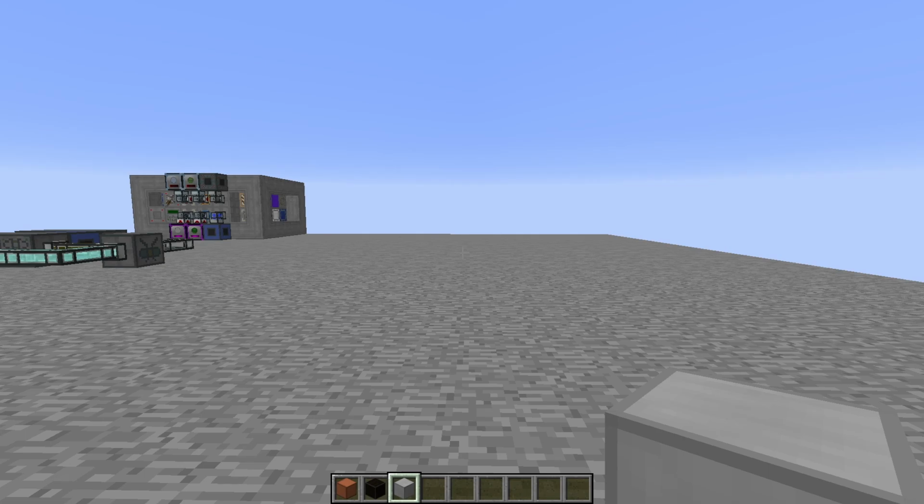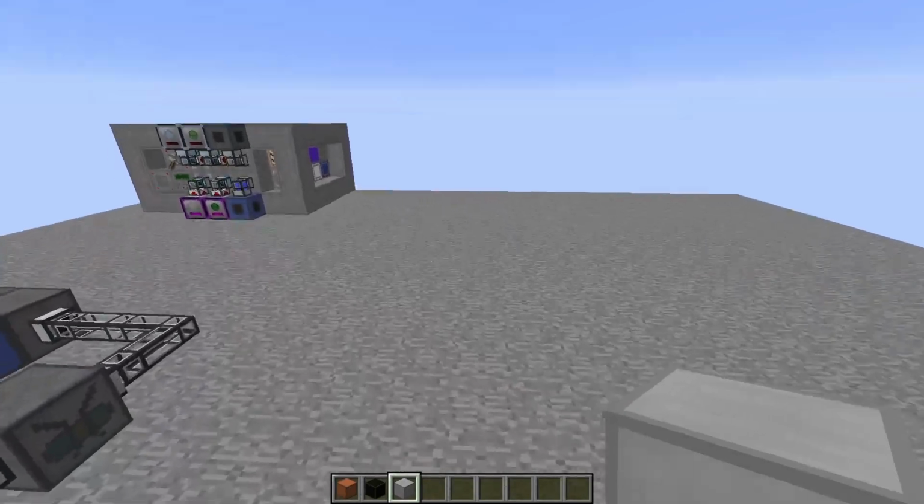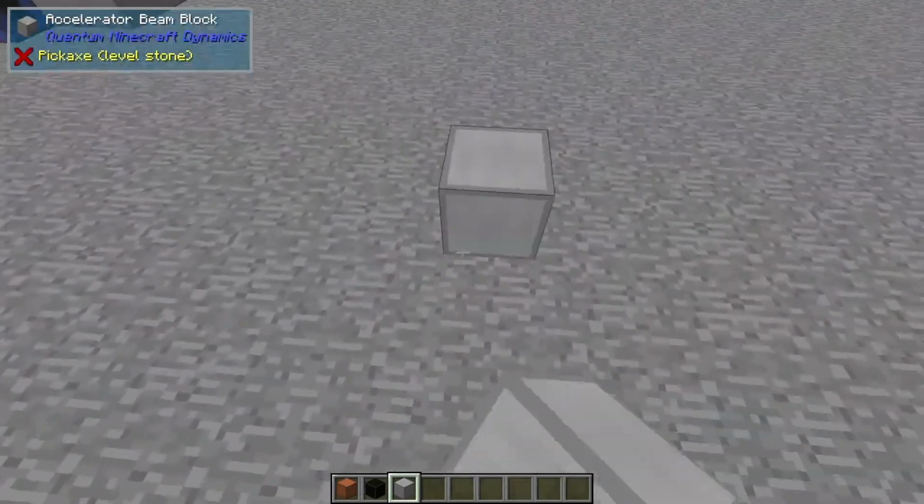Now, in order for the accelerator to gain quadrupole strength and voltage, it needs to have quadrupole magnet and RF cavity structures built on the inside. Structures are comprised of multiple identical components arranged in a certain way. In the linear accelerator, we have two structures. The first one is the RF cavity.